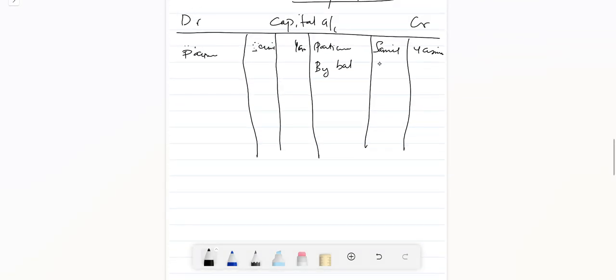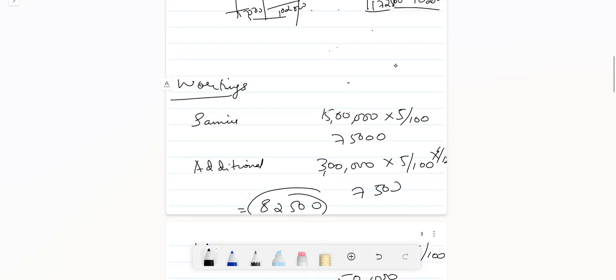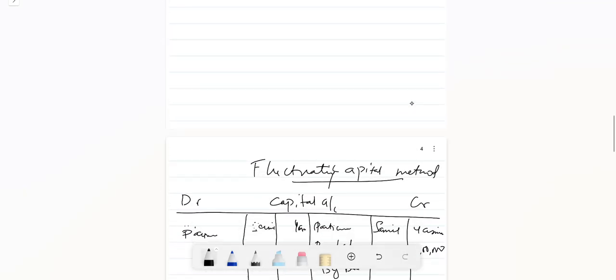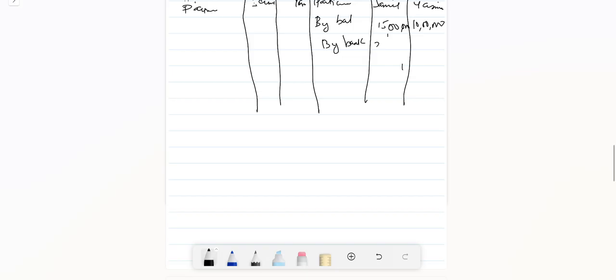Okay. 15, 10 lakh by bank. Why? Because partners have introduced the bank capital. Okay, 3 lakh and 2 lakh. 3 lakh.